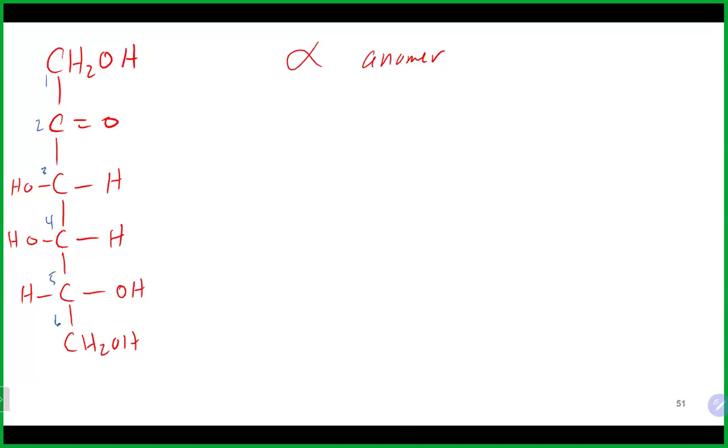So if we want to dump it on its side, we will end up with something that looks like this, I think. All right, so we got carbon 1, carbon 2, carbon 3, carbon 4, carbon 5, and carbon 6.